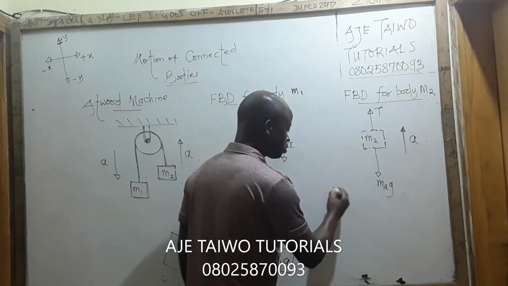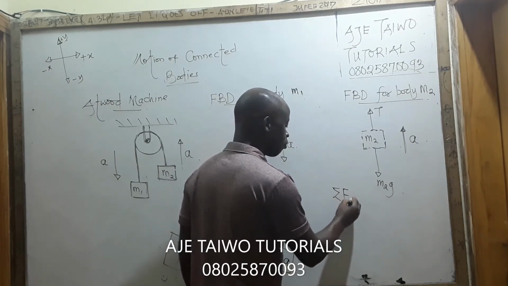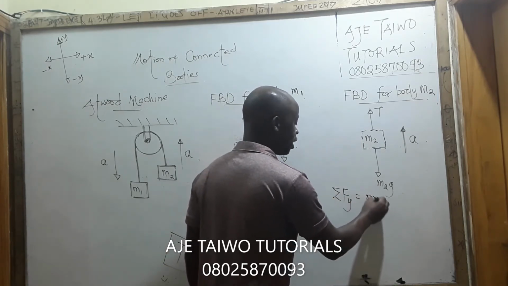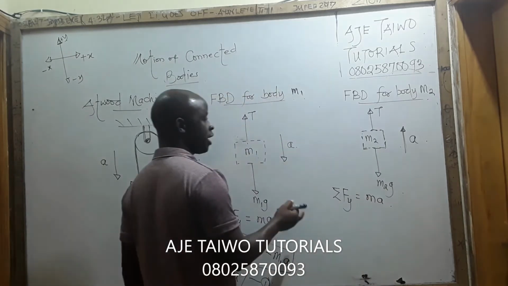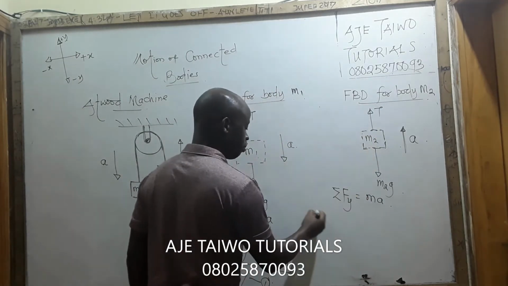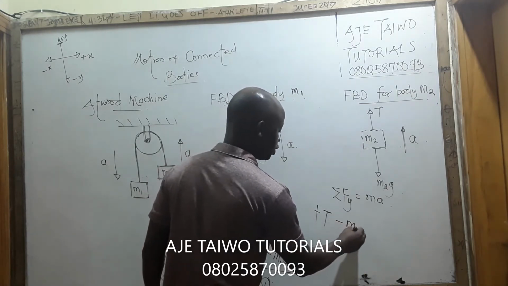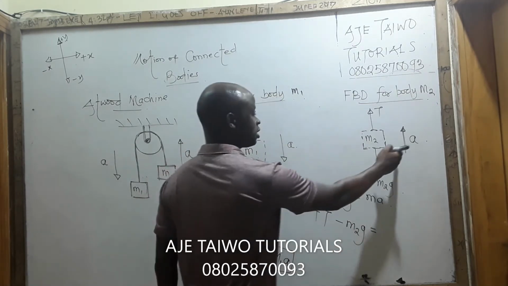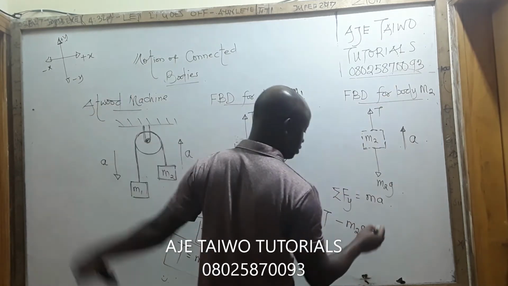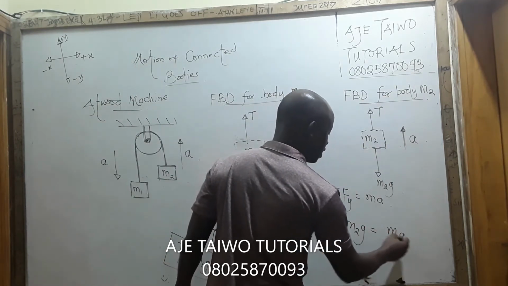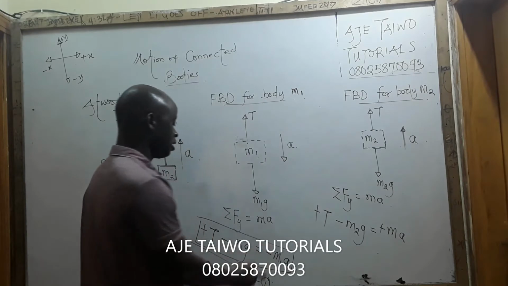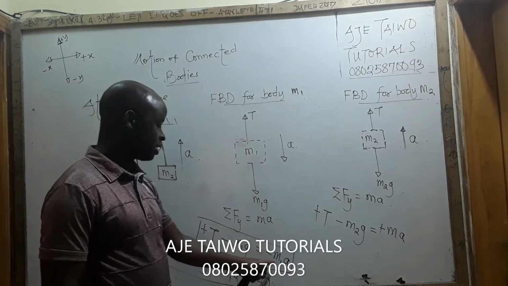So you say summation Fy equals MA. Where are the Fy? This is positive, so positive T. This is negative, minus M2G, equals, this acceleration is upward, so upward means plus MA. You know why it was minus MA before? Because it was downward.